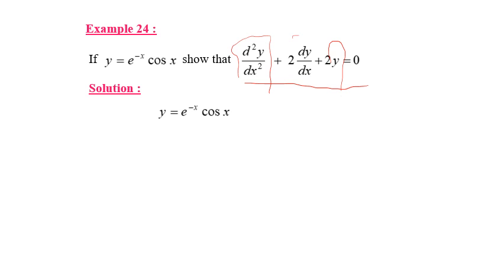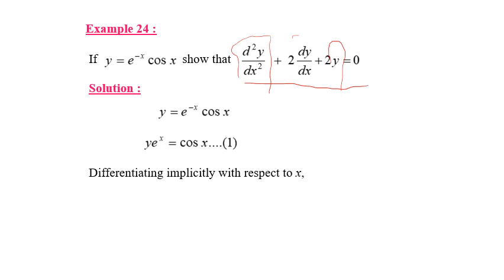So first, from the equation given, y equals e negative x cos x. So they bring ex to the right hand side, so it will be y times ex. I'm not sure why they choose this method, so never mind, we just see how they solve this one.